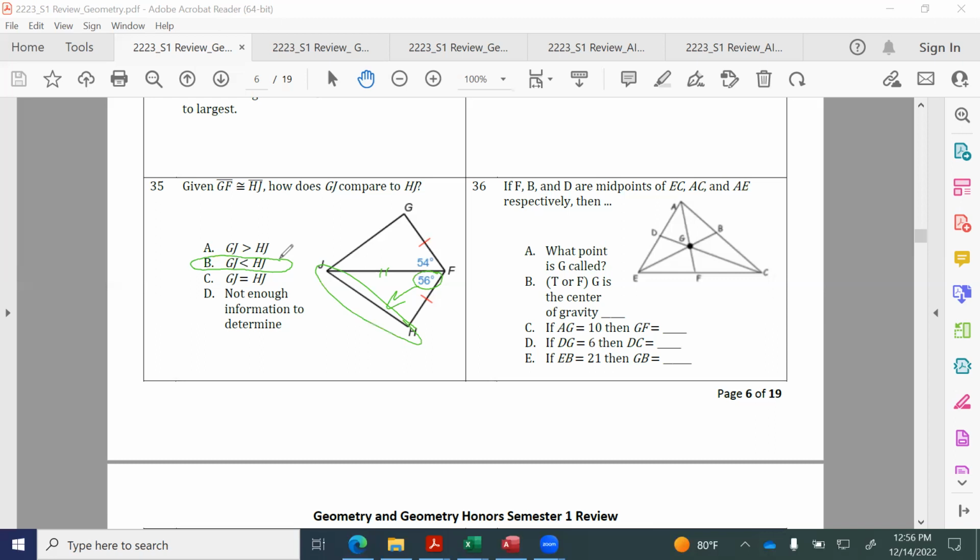Since the sides are congruent and we're getting the angle in between those two congruent sides, we can match up a relationship between that angle and the side across from it. The one across from the bigger angle is going to be the bigger of the two sides. The one across from the smaller one is going to be the smaller of the two sides. So since 56 is bigger, the side across from it is bigger than the other. That makes sense.